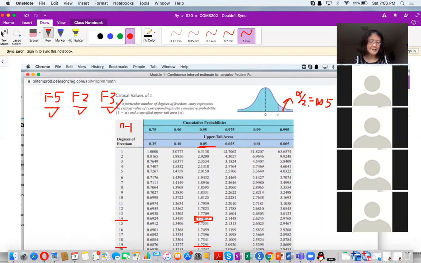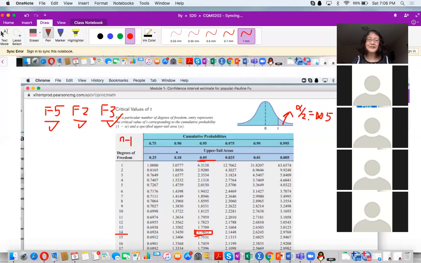And then press EXE. Anyone want to share, what did you get? Anyone get this number? 1.7613. Thank you so much for sharing. That's correct, 1.7613. Excellent.